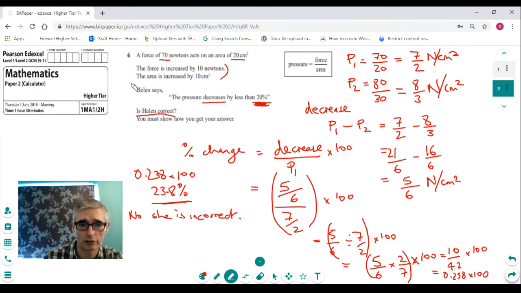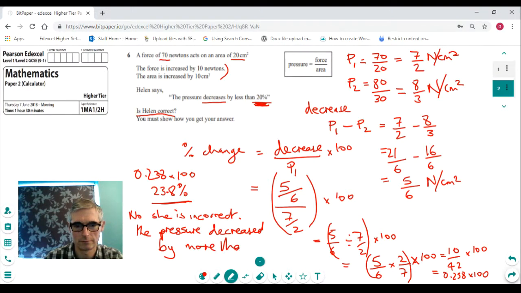The pressure decreased by more than 20%. And that's it, we've done it.